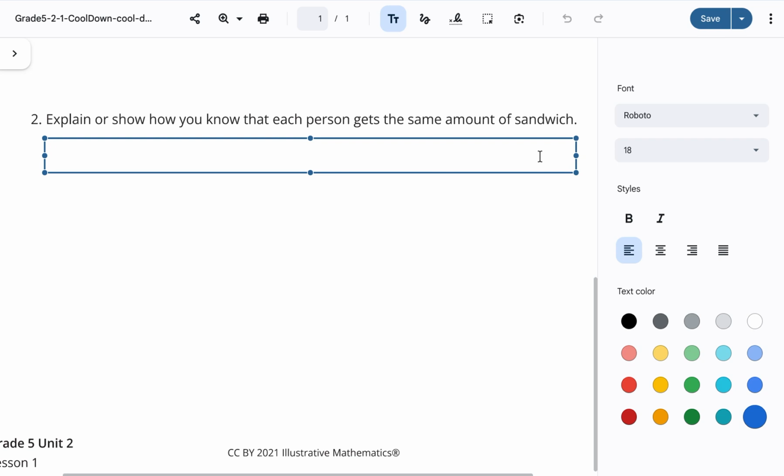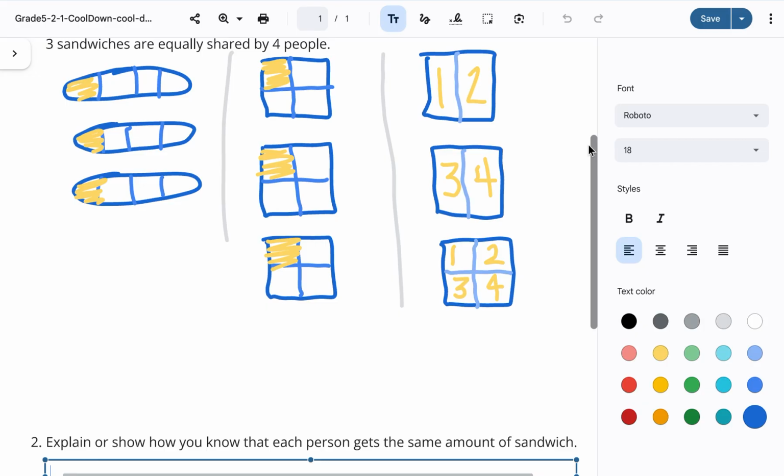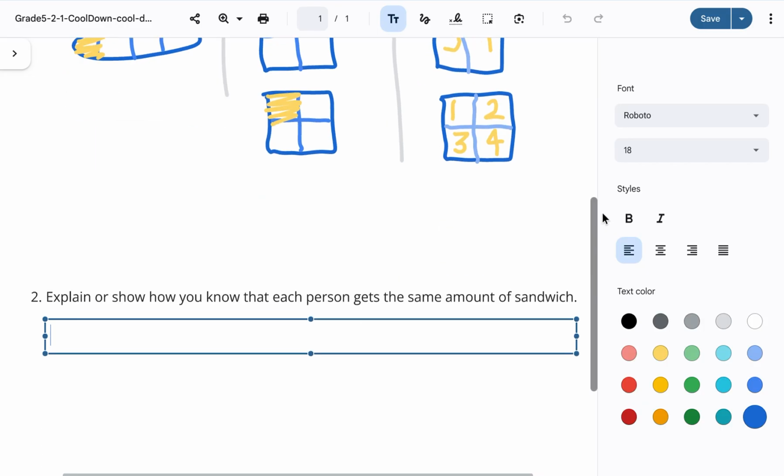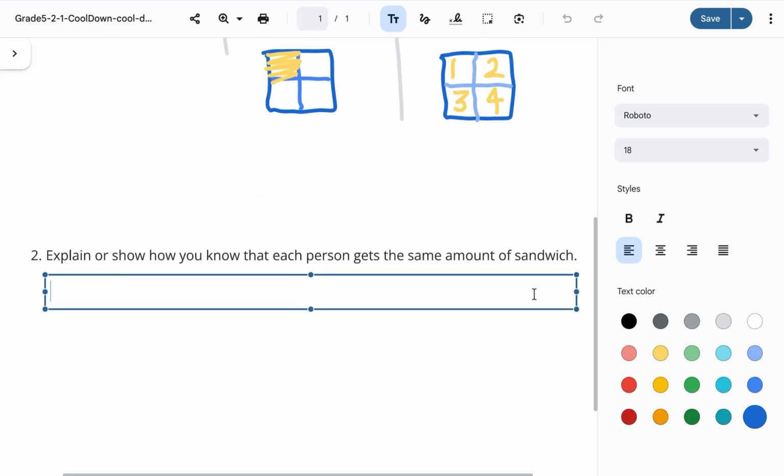So, for instance, if you divided it up in one of those first 2 diagram ways, the sub-sandwich or the area model, really what you're seeing is that each person will get 1/4 of all 3 sandwiches. We see that in the way that we've modeled the first and the second diagrams above.